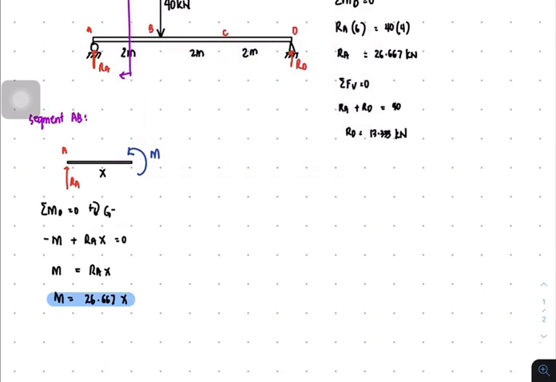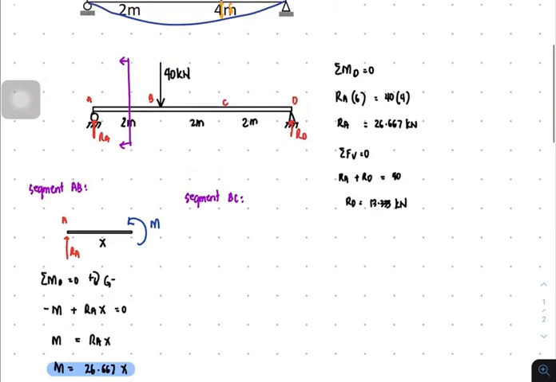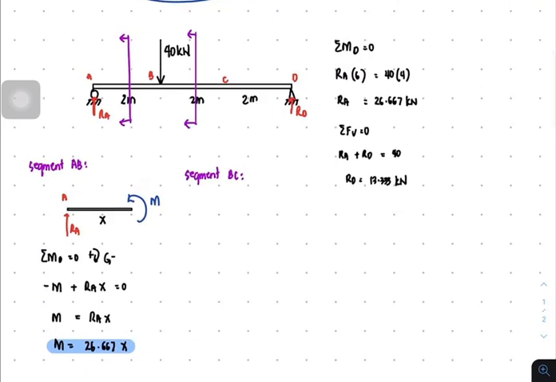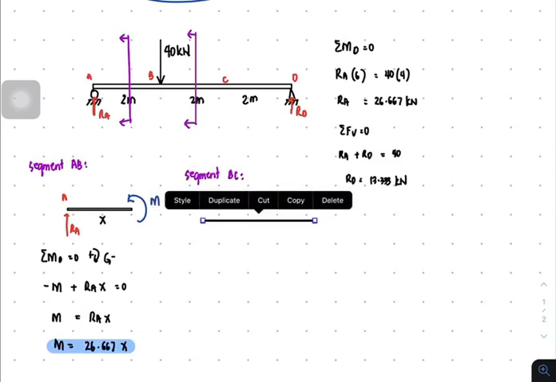Segment BC. So for segment BC, we're going to cut through BC, and in my case, we're going to consider the left side again. So I have to redraw the section, and this is quite longer, so place a longer section.